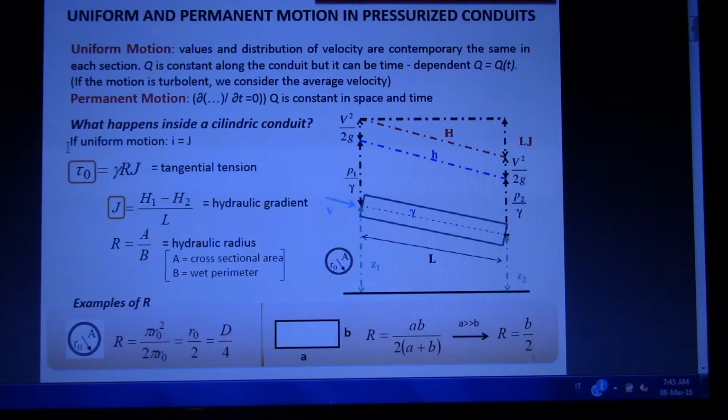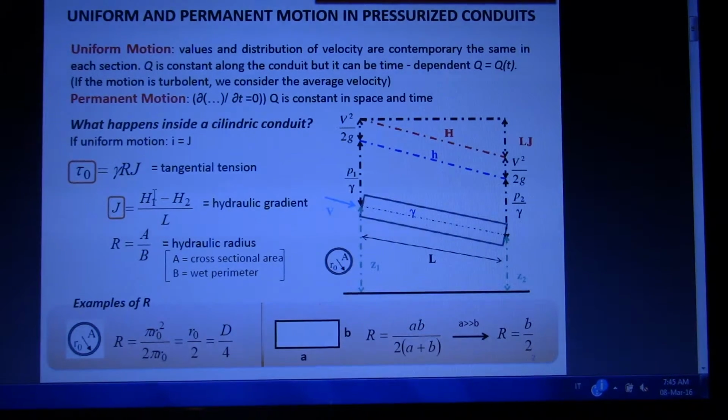Then you are able to define tau zero, which is called the tangential tension, as the specific weight of your flow times R, which we will define next, times J. J, integrated along a definite space, is called again the hydraulic gradient and is given by the total head in section number 1, for example in this section right here, minus the total head in section number 2, over L, which is the distance between the 2 points that you are considering.